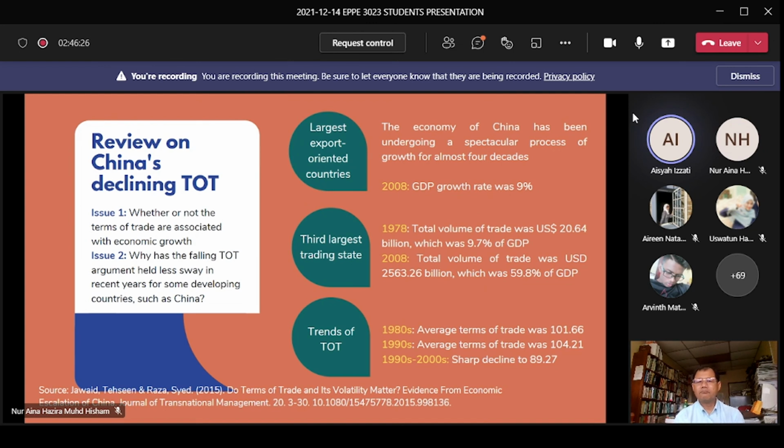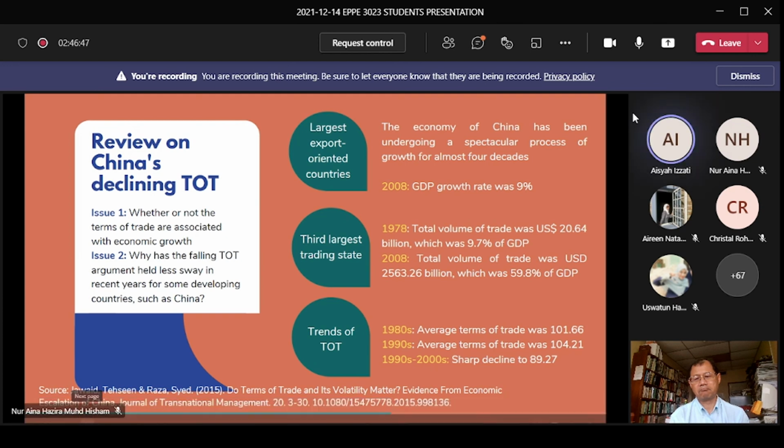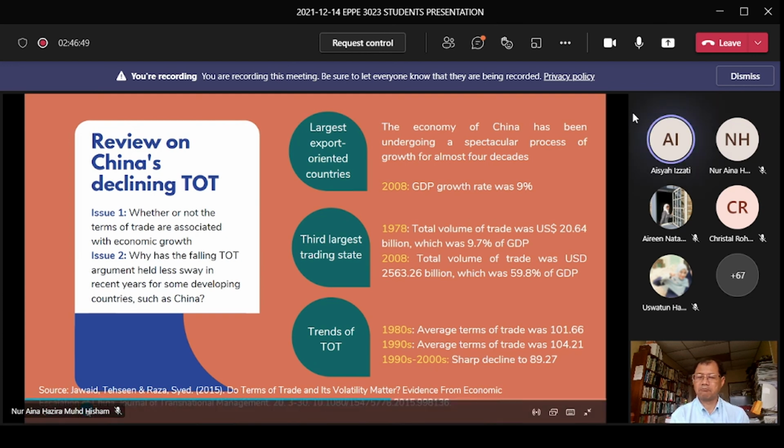China has become one of the largest export-oriented countries. In 1978, the total volume of trade was US$20.64 billion, which was 9.7% of GDP, and in 2008 it was 59.8% of GDP, making China one of the third largest trading states of the world.